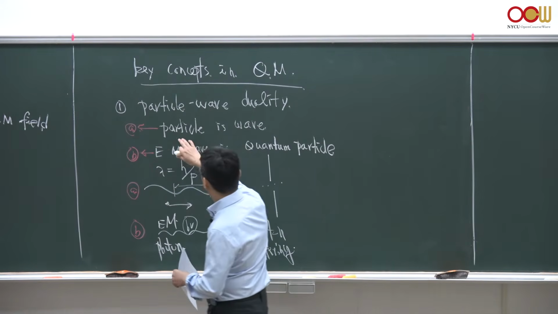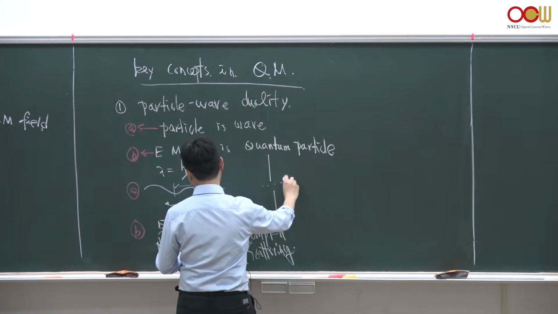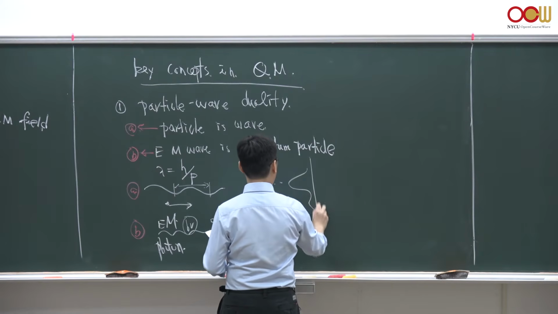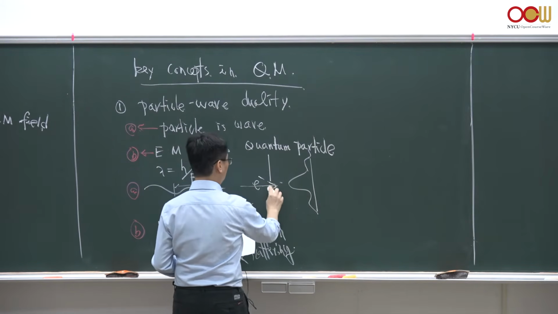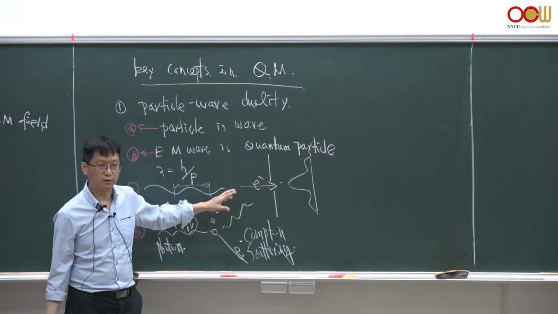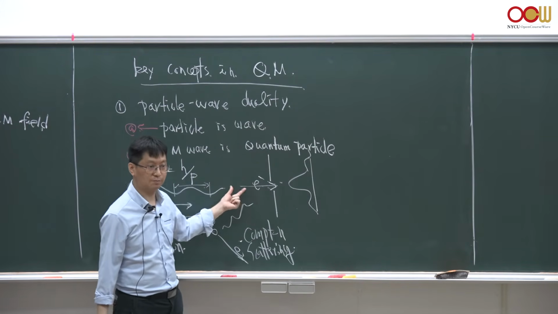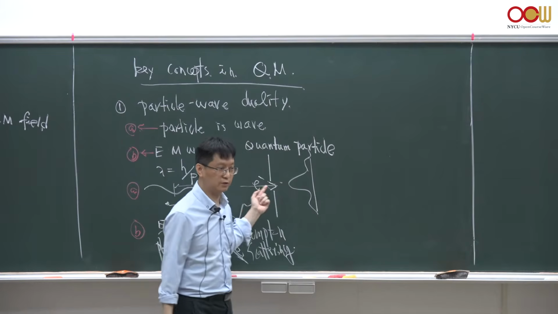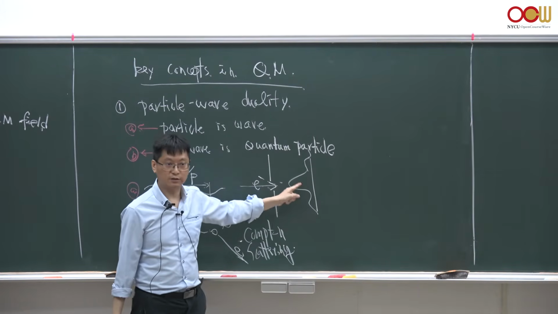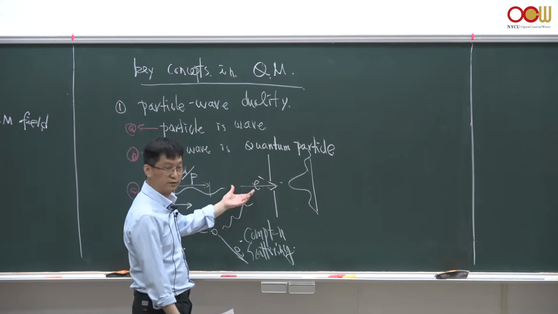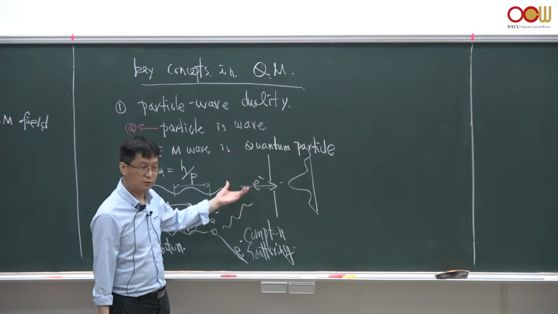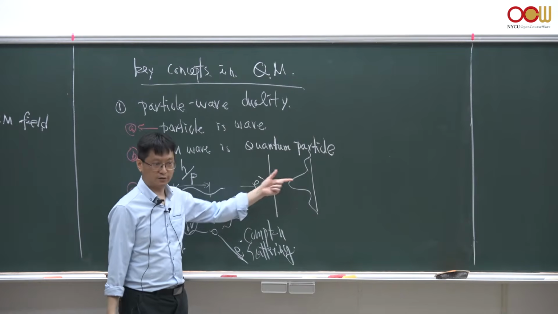And the first aspect is, the particle is a wave. You could actually see this, say, interference pattern or electron diffraction. So even though electrons are particle-like objects, when electrons pass through a single slit, you can still see this wave-like diffraction pattern that only light wave or water wave or whatever wave could give you.